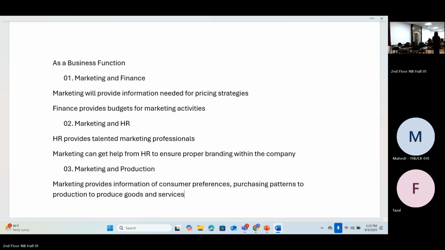So for changes, you can write examples: social trends, technological changes.